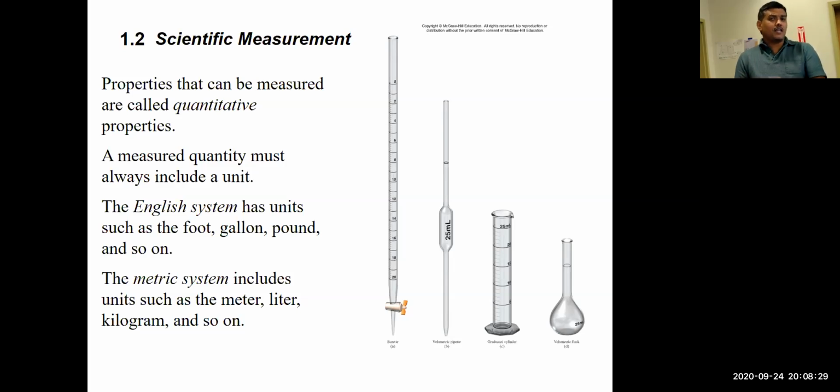Sometimes you would use a scale to measure a particular weight, or if you have a liquid, you would use a burette, a volumetric flask, or a graduated cylinder to measure anything that you have at hand.